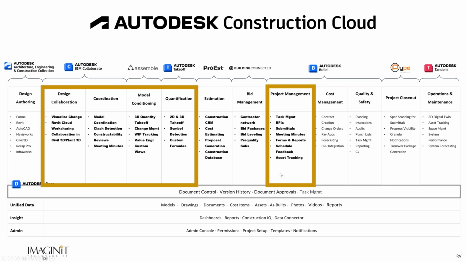For the sake of utilizing BIM, most of it ties back to project management. There's overlap between really all three of these, but primarily through the demo, I'm going to focus more on the asset tracking and how we can use model data to track information on the project management side.